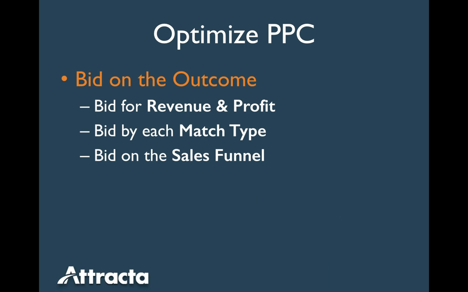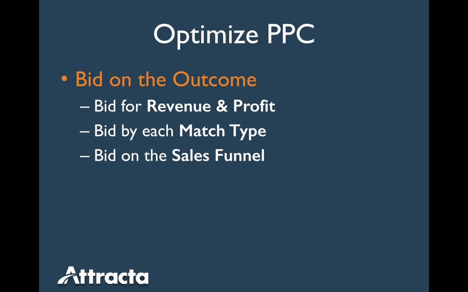Ultimately, if you invest a dollar with Google, what you're really looking to do is make sure that you get a dollar plus whatever your profit happens to be on the sale back in your pocket. And by the time that you've paid for the click, you've got an order placed on the site, the money's back into your merchant account. It's probably about a 3-day cycle. So it's a very effective way of funding the expansion of your business.